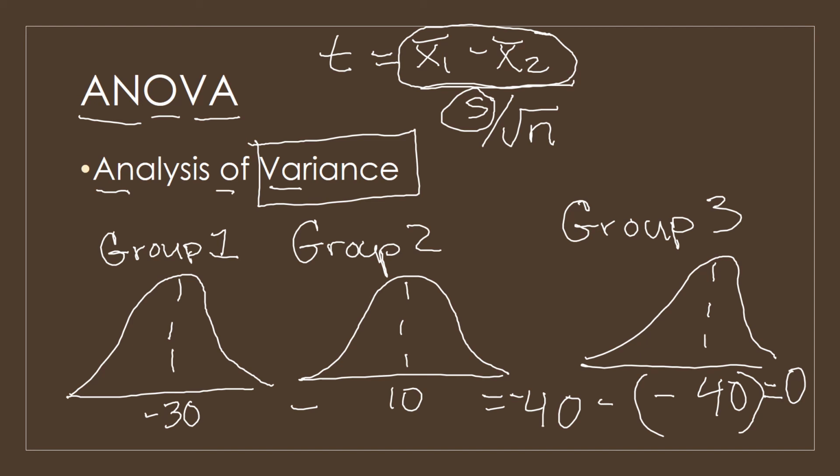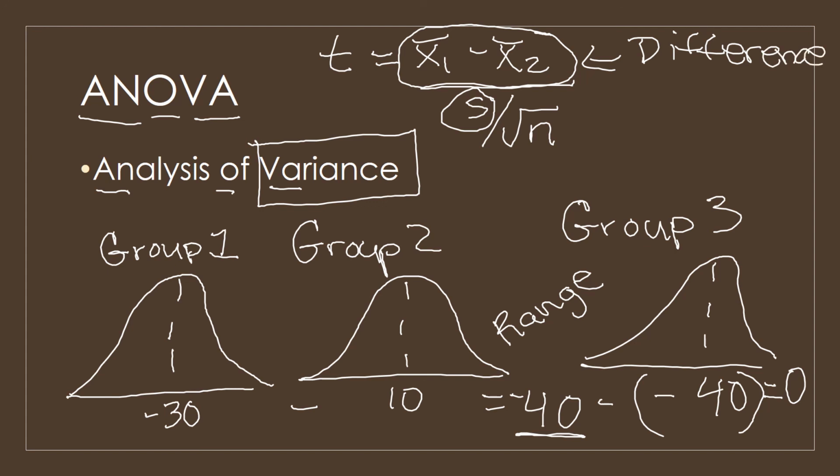And before, when we just had two groups, 1 and 2, the negative 40 was a range. So it was a range between those two means. So the range between negative 30 and 10 is negative 40. But now when we have three groups, what does that really mean? And we could also get a value of 0 when we subtract them. So just subtracting and getting a difference like we did for a t-test doesn't work anymore.